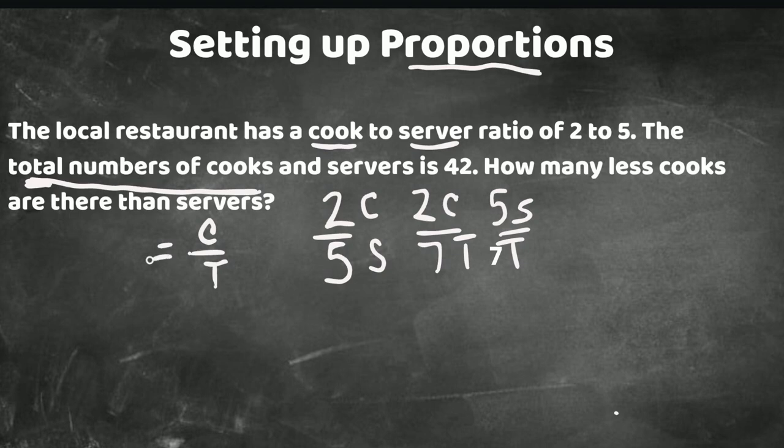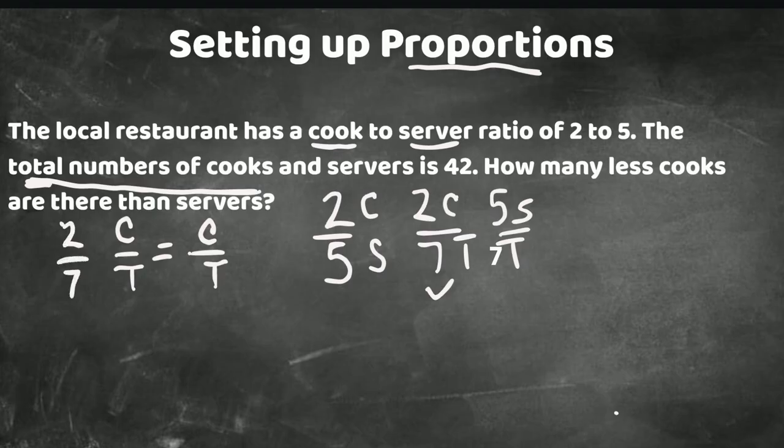This proportion needs to be set up the same way on this side. That is key to doing proportions. So I'm going to do cooks to total. Over here I can see that cooks to total is 2 to 7.